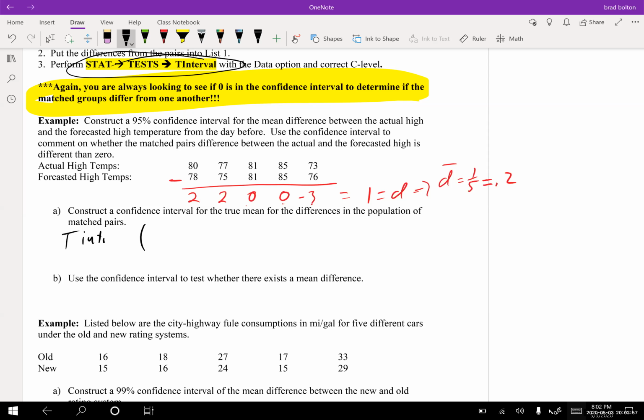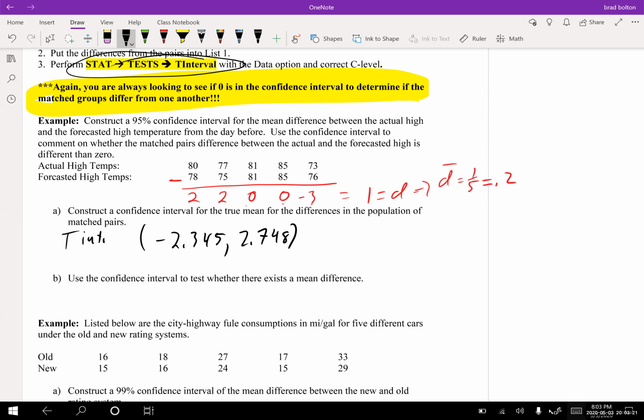Okay. So they give me -2.345, comma, 2.748, I guess, if you round off. And they say our x bar is 0.2 and our standard deviation is 2.